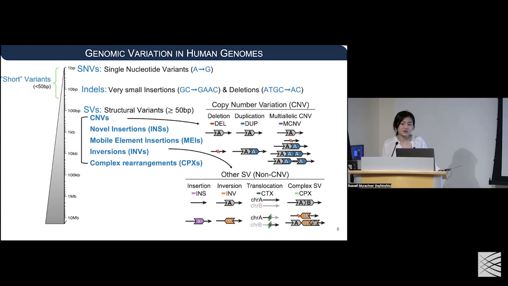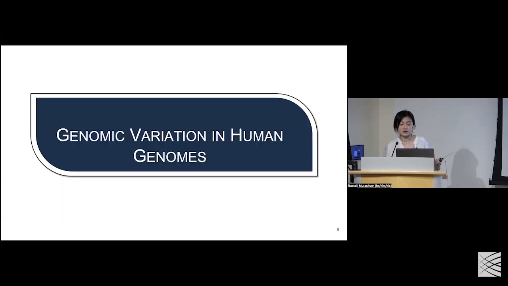Except for that, there are also insertions that include novel insertions, which means insertion of novel sequences, or there are also other insertions of known categories, most are mobile elements, including ALU, L1, SVA. Those are the subtypes of mobile elements that are still active in the human genome. And there are also inversions, complex events, and interchromosomal translocations that our algorithms are now able to identify.